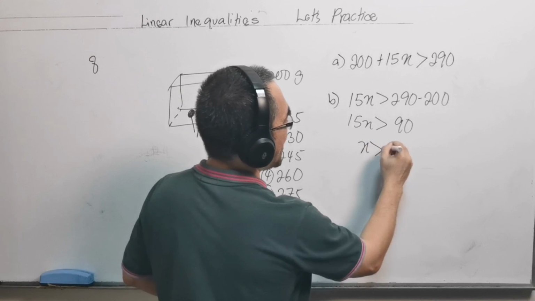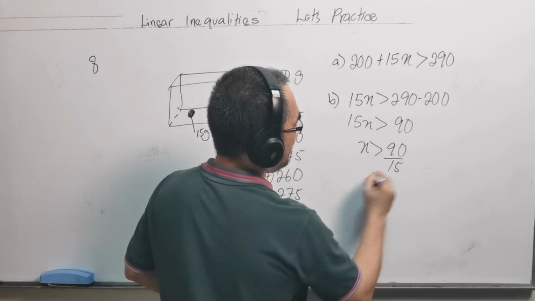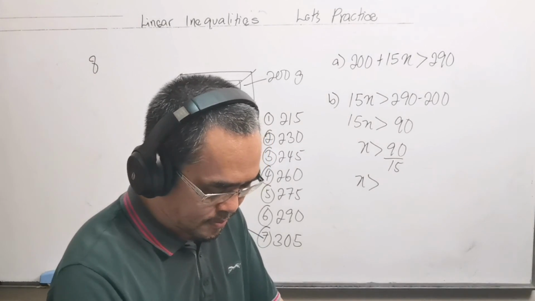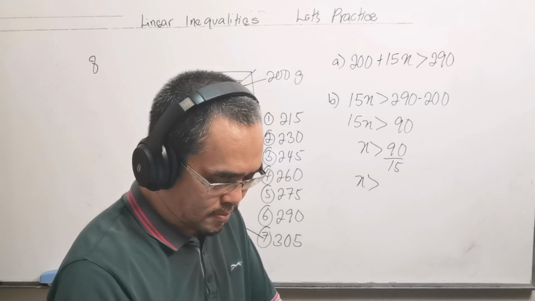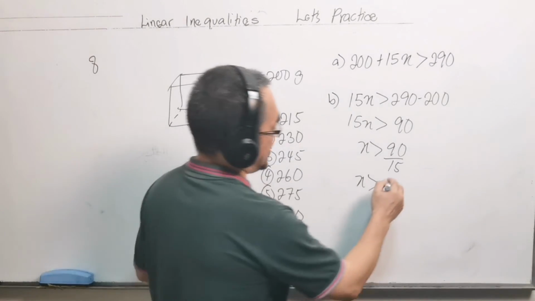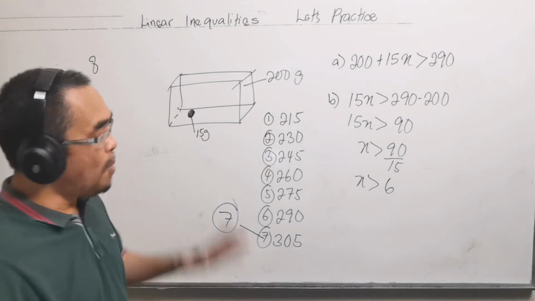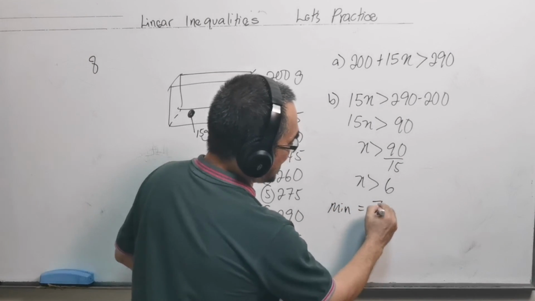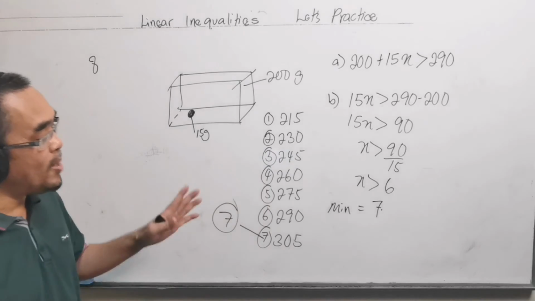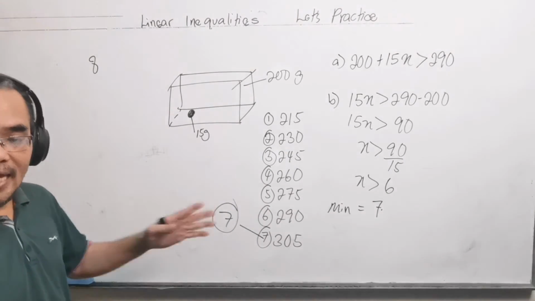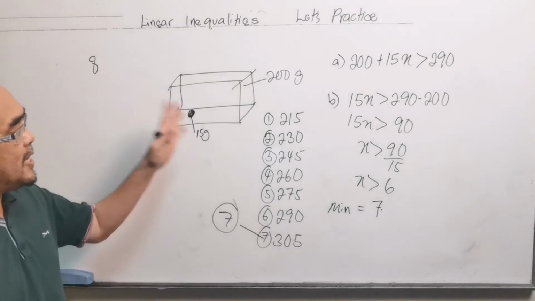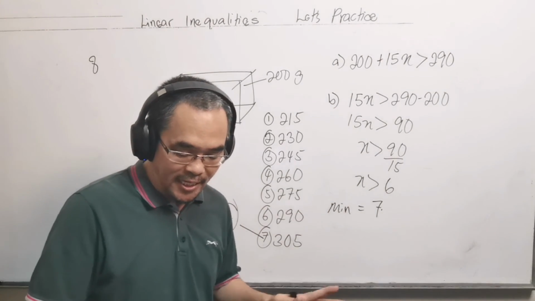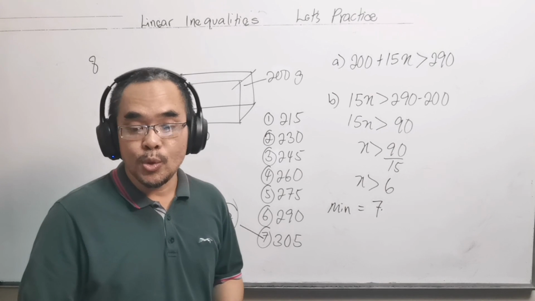So x is more than 90 divided by 15, so x is more than 6. More than 6 means the minimum number is 7. If you have more than 6, that is 7, 8, 9, 10 or whatsoever, the mass of the box with the metal spheres in it will be more than 290.